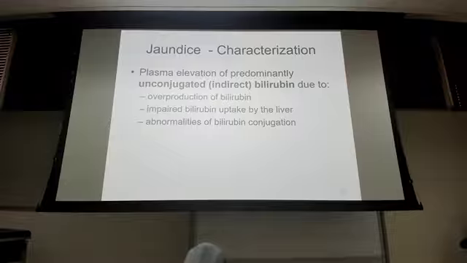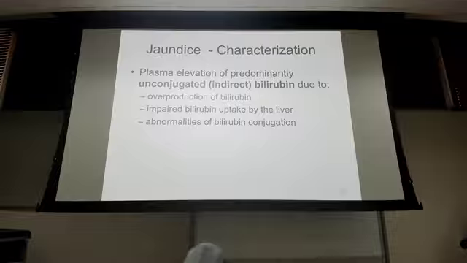So now, if the liver can't uptake it, you have the unconjugated fat-soluble bilirubin remaining in the bloodstream, right? So obviously, you're going to get more than 2 milligrams per deciliter if we're not able to conjugate that bilirubin, go through those steps, and then get it excreted out into the urine or feces.